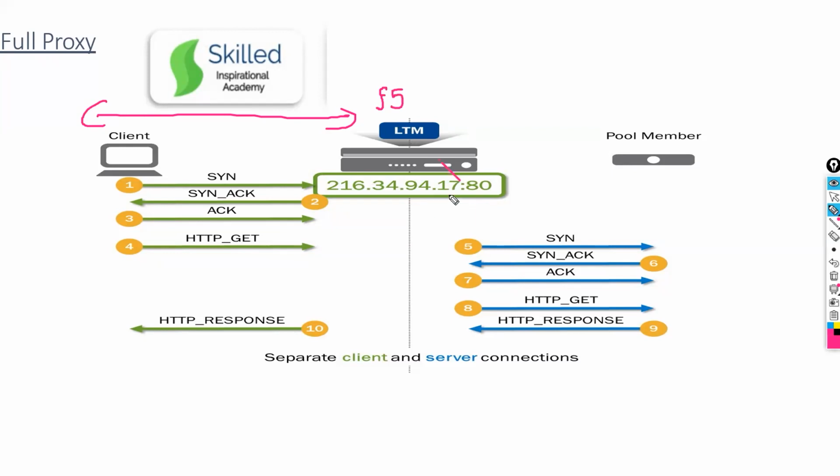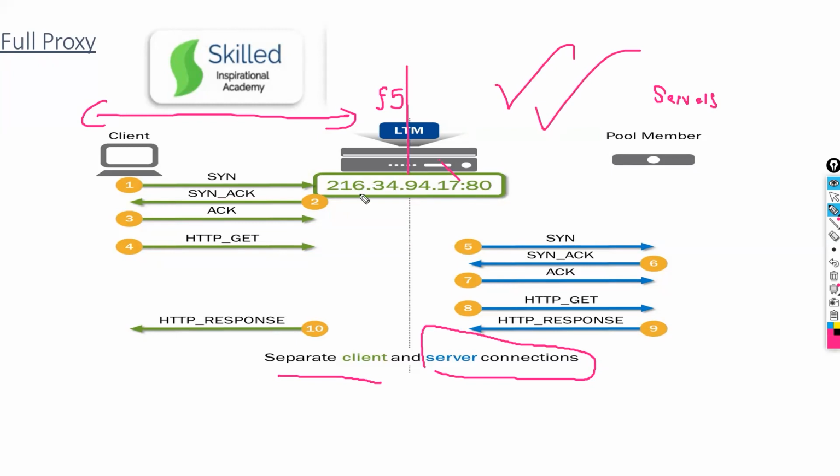One is F5 to servers. That is where separate client and server connections come into the picture. This connection does not have any dependency on the other. Once the three-way handshake is successful and the SSL handshake happens, the fourth packet is HTTP GET.